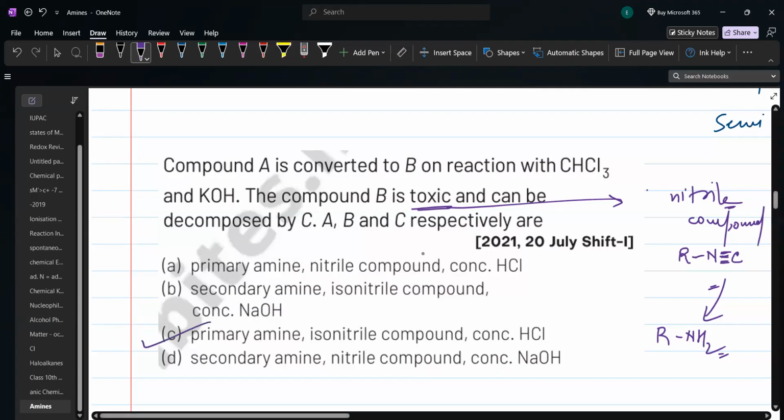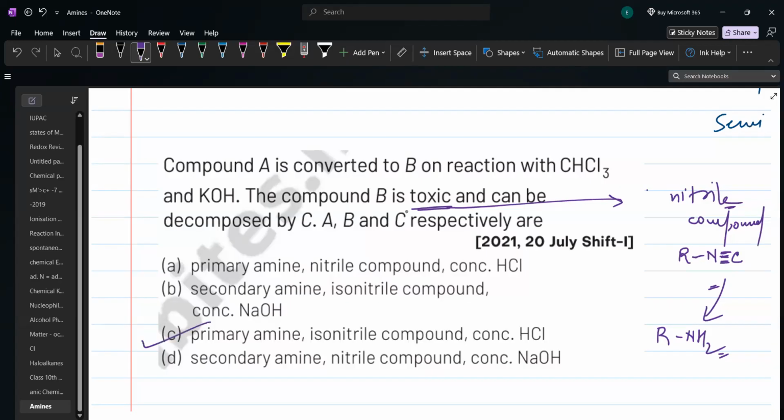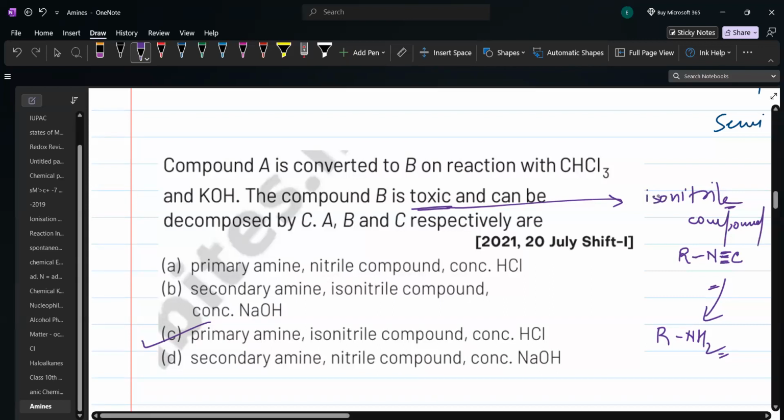See how it is. First of all, this is a toxic compound. So nitrile or isonitrile could be the answer. Acha, the isonitrile is only toxic, not nitrile. So from isonitrile, you have to decompose it. In nature, decomposition takes place first by acid.